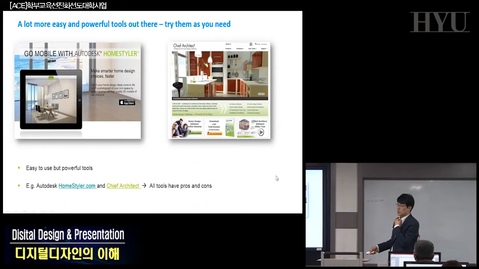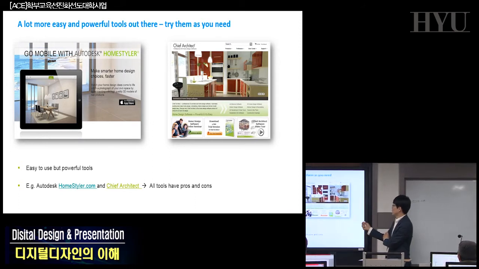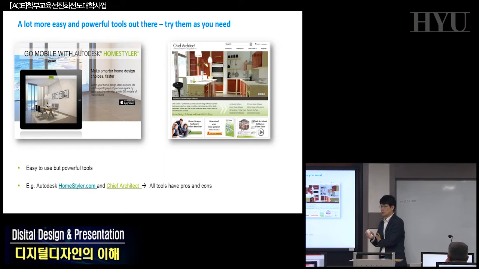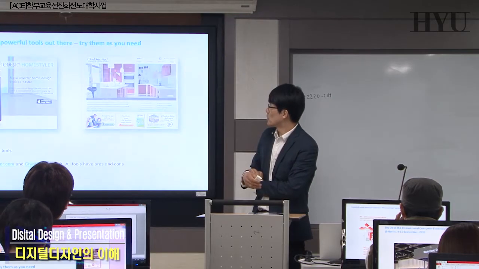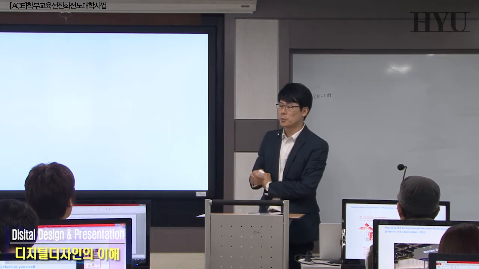In the lab exercise hours, we're going to deal with homestyler.com, not Chief Architect. But anyway, the many tutorial video examples will guide you. There are a bunch of more easy-to-use and powerful tools. That means we don't need to stick to specific software.